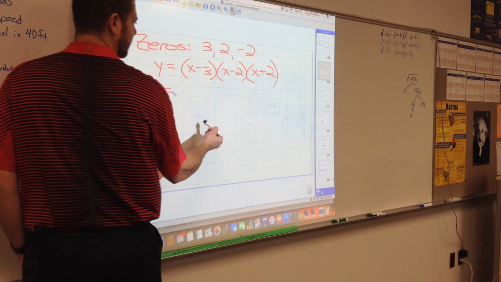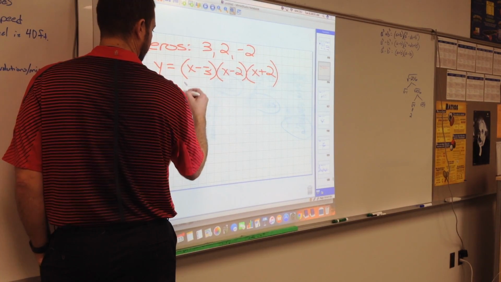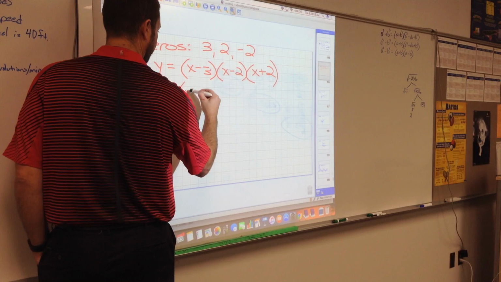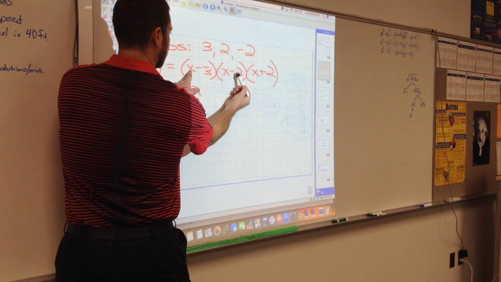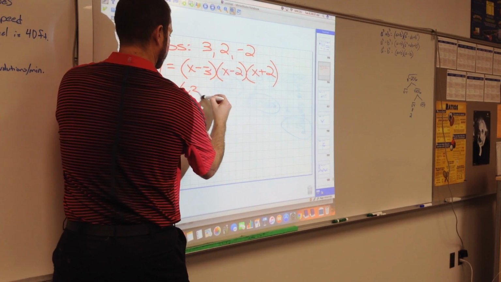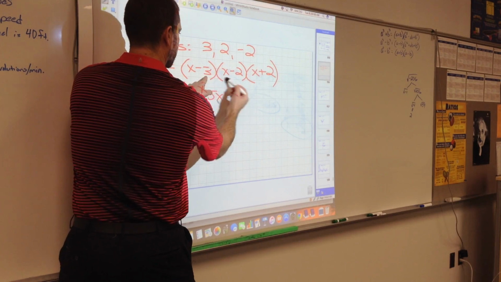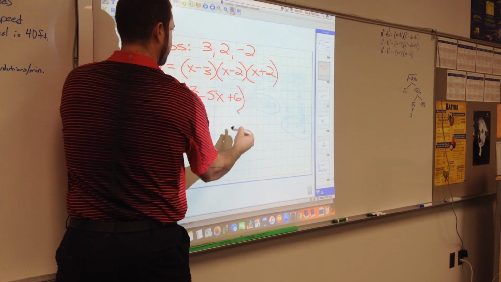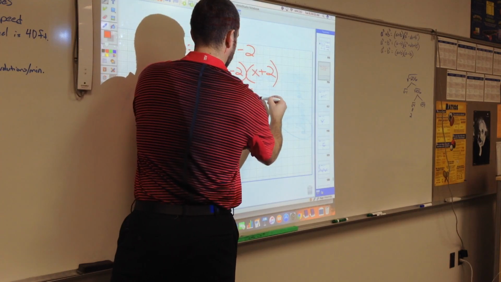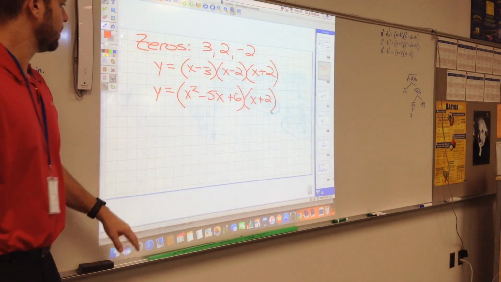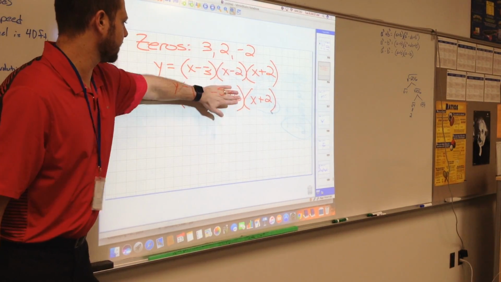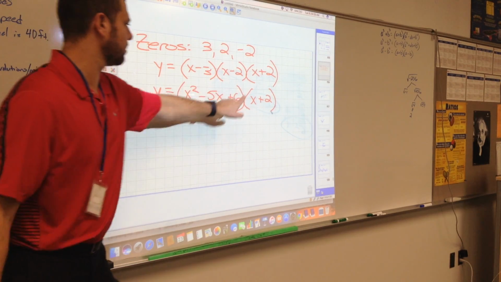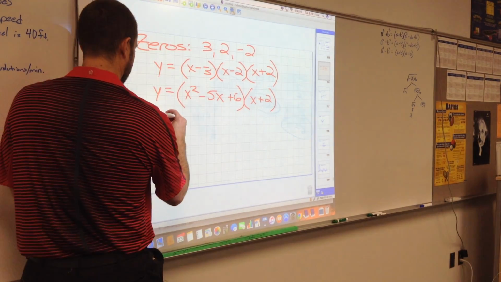When you multiply 3 things together, multiply the first 2 first. So x squared minus 2x minus 3x makes minus 5x plus 6. So I multiplied those 2 together and got this answer. Then I'm going to take this answer times this.